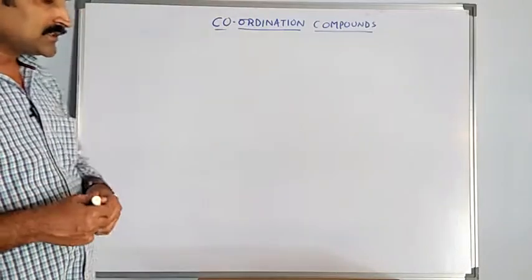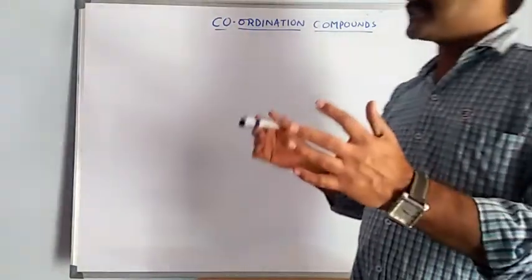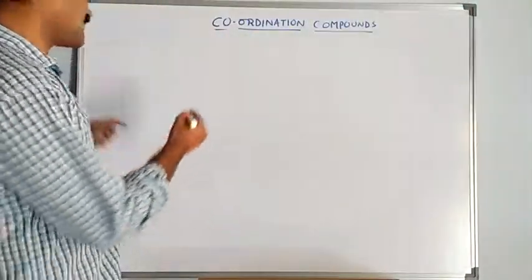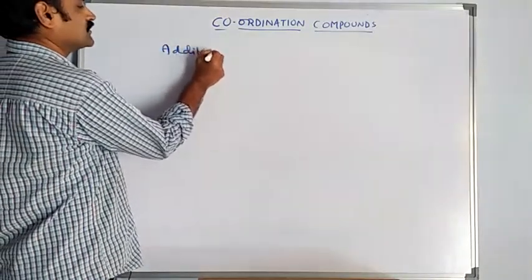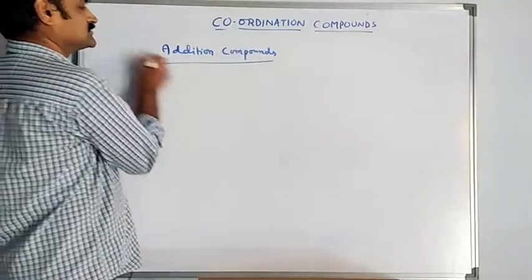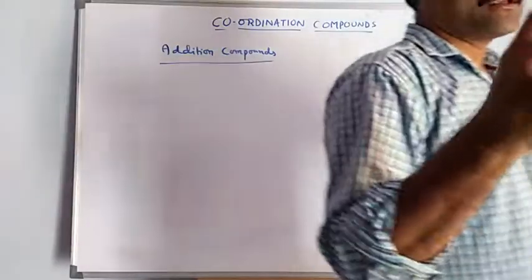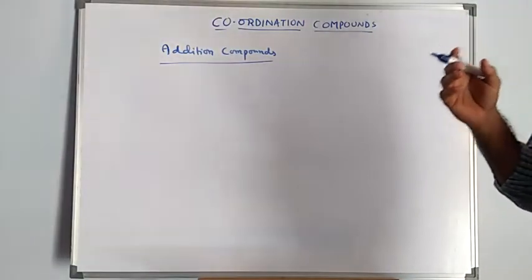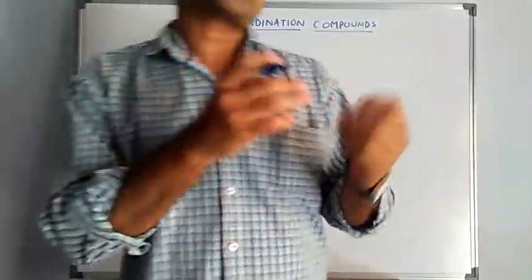So in this, I would like to speak about two important differences of compounds. First, I am going to talk about addition compounds. What are addition compounds? It is a combination of two or more simple salts.